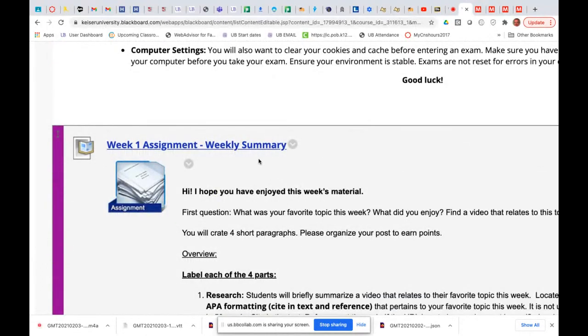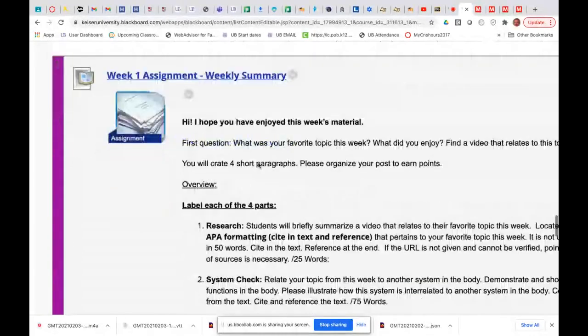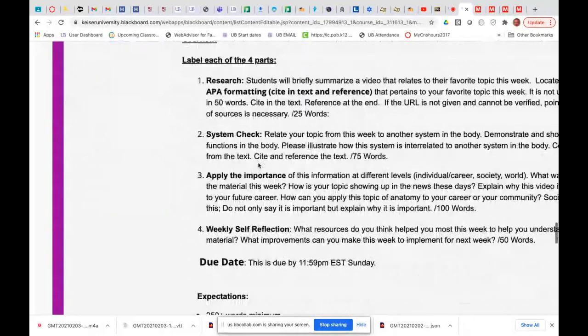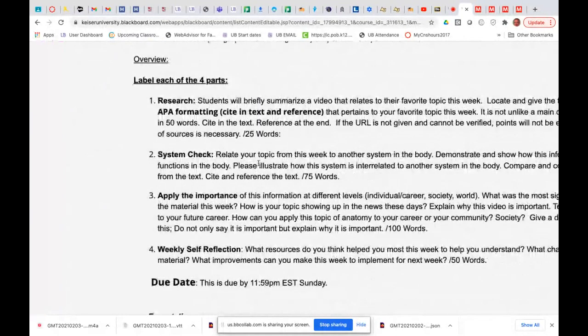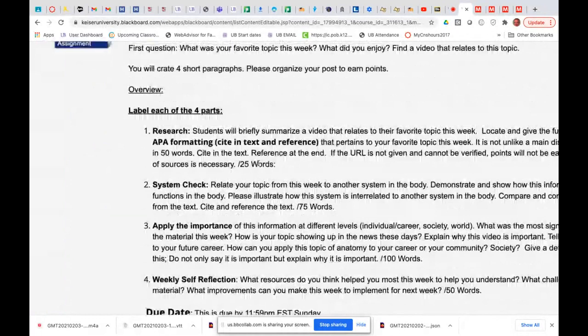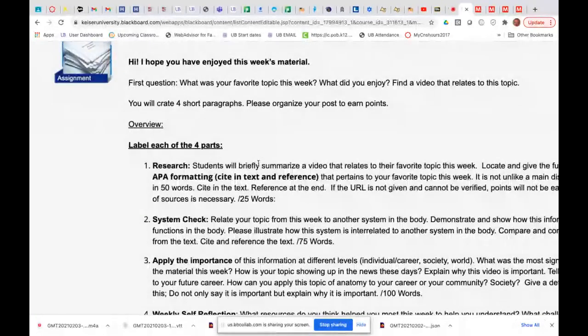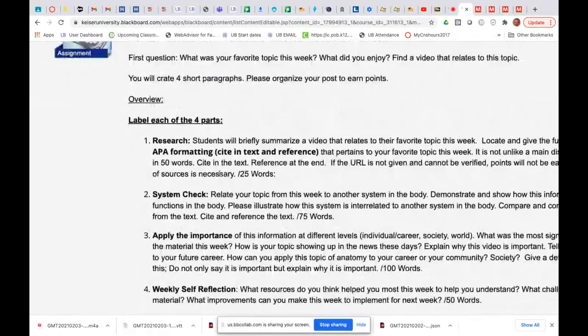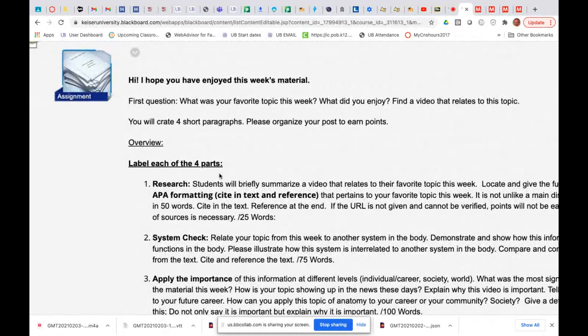Here's the weekly summary. This is the extra credit portion. These are all done prior to 11:59 Eastern Standard Time. It could move the needle on your final up to 2 points on your final average. So it could make a difference. Let's say your average is a 78.5.